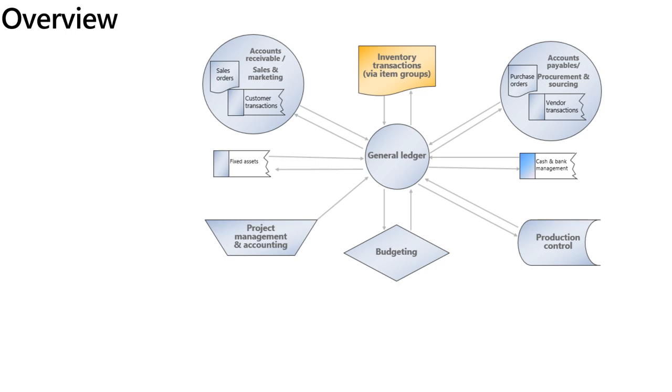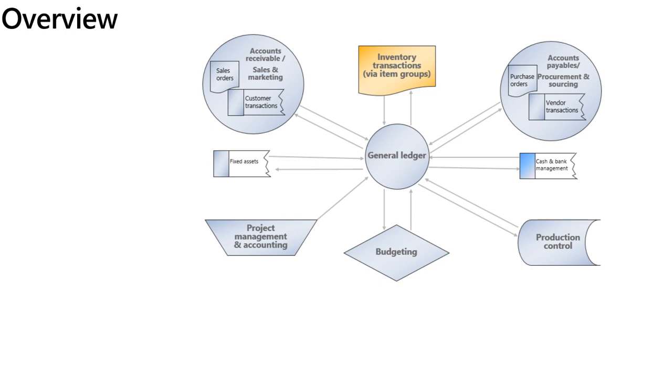So basically general ledger, cash and bank, accounts payable, project management and accounting, and so on, all these modules are treated as sub-ledgers, and the main ledger will be the general ledger. For project management and accounting, based on time and material or fixed price projects, purchases often need to be made.